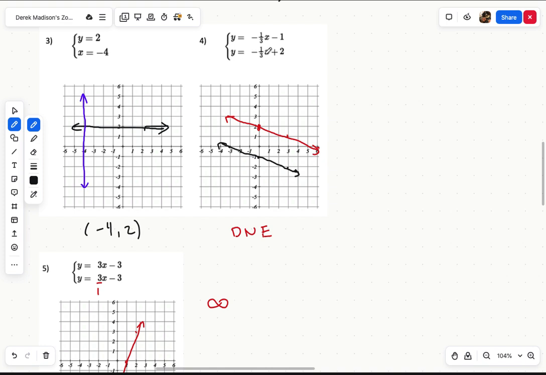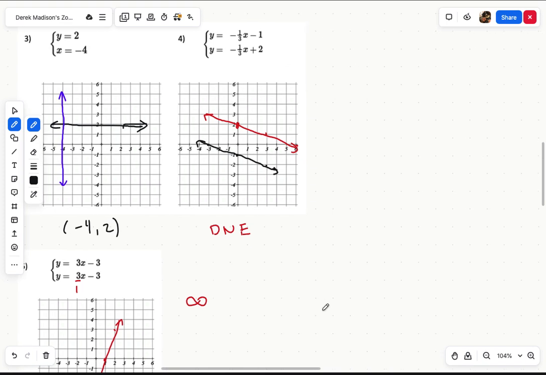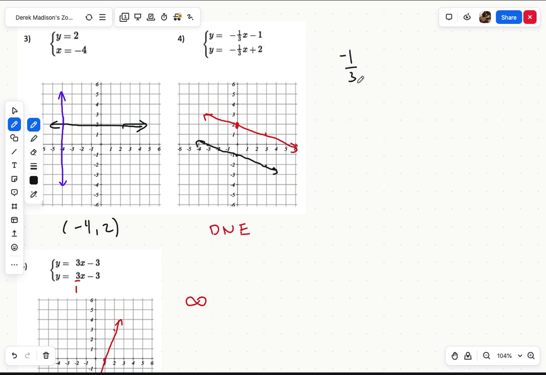So let's say I now set these equal to each other. And this is from the 5.1 video. So I'll do a substitution here. Plug that in, and I have negative 1/3 x plus 2 equals negative 1/3 x minus 1. If I add this 1/3 x over, I'm going to get 2 equals negative 1, which is false. I could keep solving and get 3 equals 0.